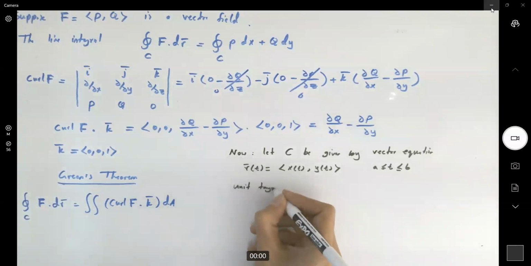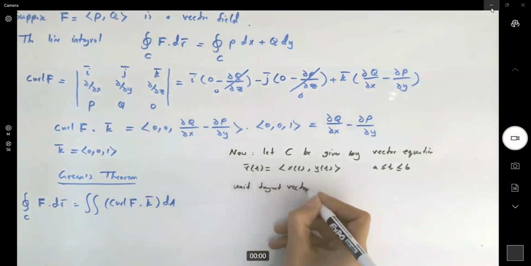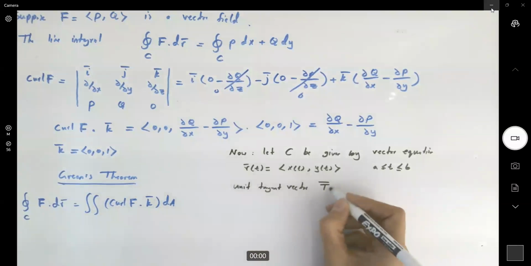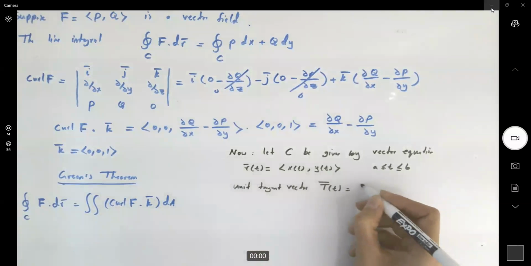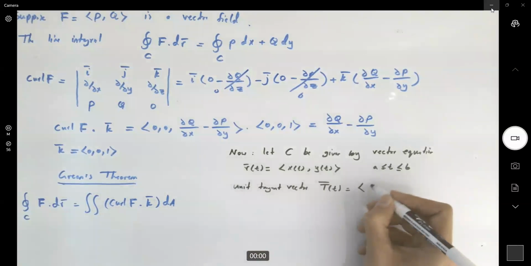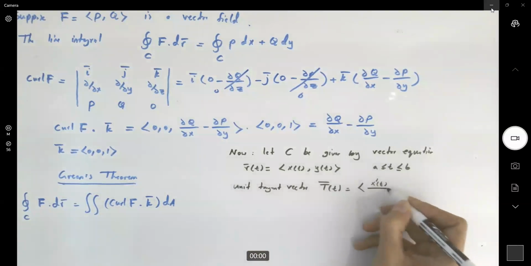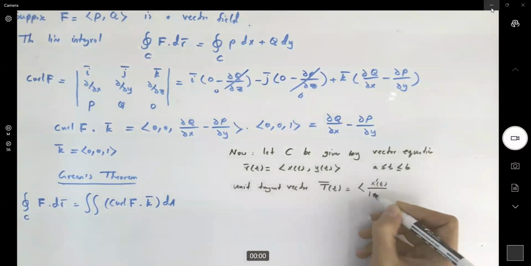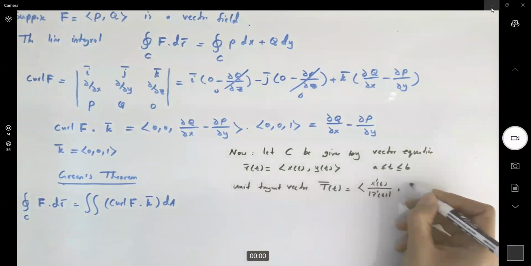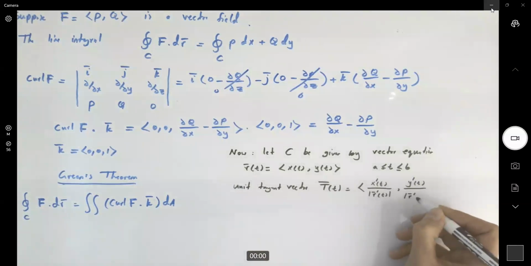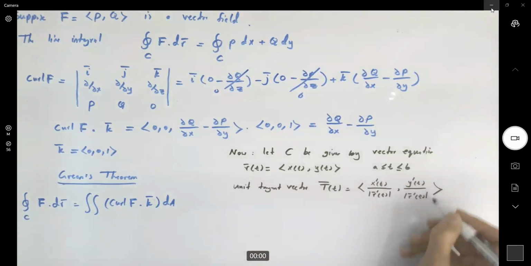Unit tangent vector T is equal to x prime of t divided by the length of r prime, and y prime of t divided by the length of r prime.